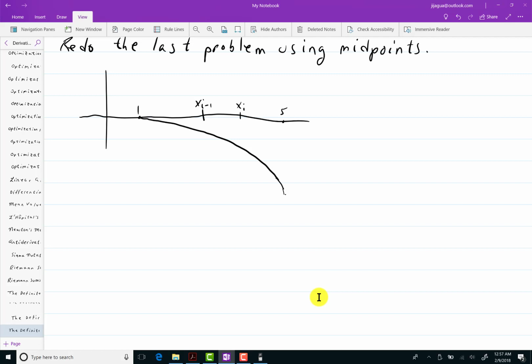Remember, the rectangle you're making is based on the height of the midpoint. So the thickness is indeed delta x, but the height is f of (x sub i minus 1 plus x sub i) over 2.